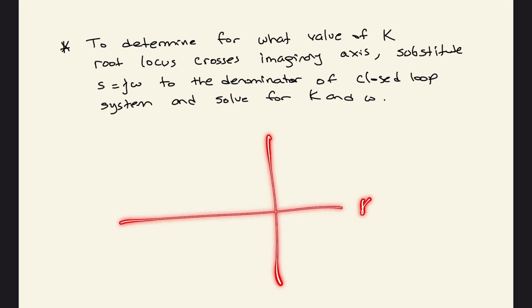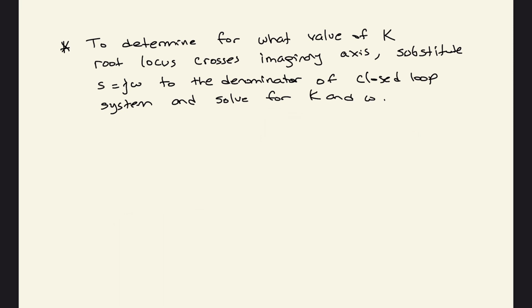Here, real axis, imaginary axis, s equals sigma plus j omega. And when you are at the imaginary axis, you only have j omega, you don't have the real part, or the real part is 0. So find the closed loop system's denominator, substitute s equals j omega, and solve for k and omega to find the value of gain k at which it crosses the imaginary axis and the omega where it crosses.